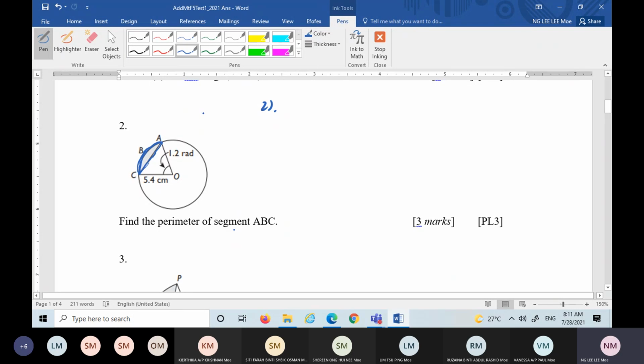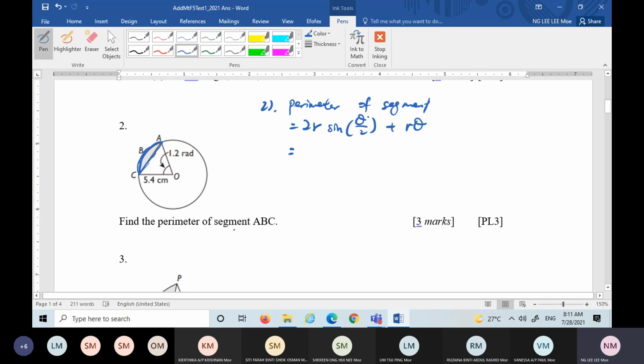But for those who have already memorized the formula, you just use the perimeter of segment formula: 2R sine theta over 2, plus R theta. The R theta is the arc length, and the other is the straight line that you use a triangle to do.